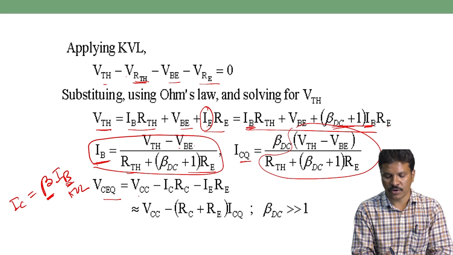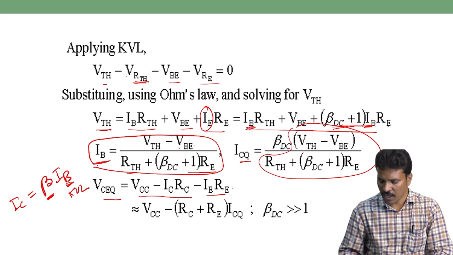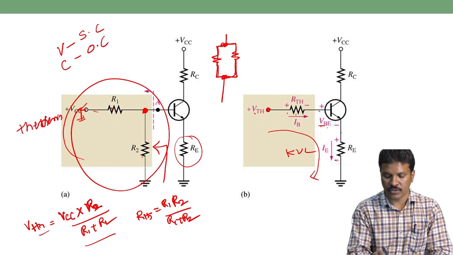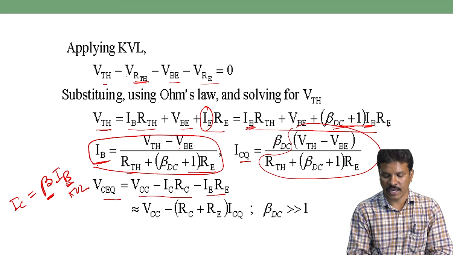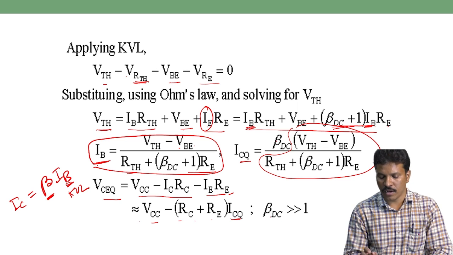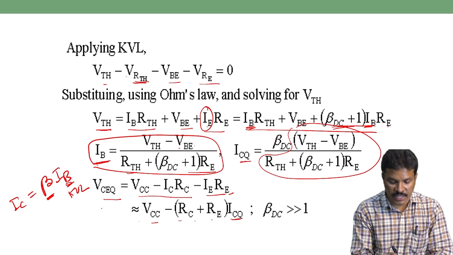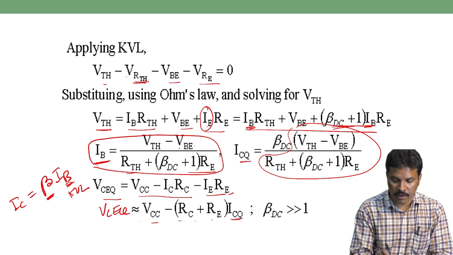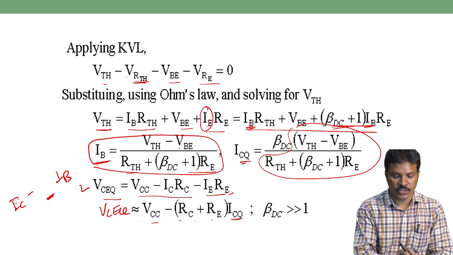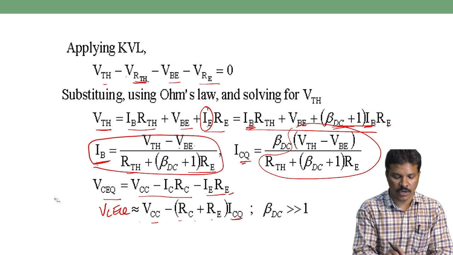We get VCQ equal to VCC minus IC RC. We have another extra resistor here, so IE into RE, minus IE RE, which is approximately equal to VCC minus RC plus RE into ICQ. So this is the VCQ point, this is the ICQ point. Joining these two points is nothing but the load line.